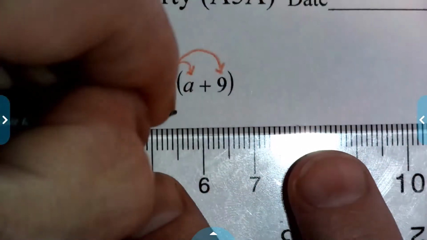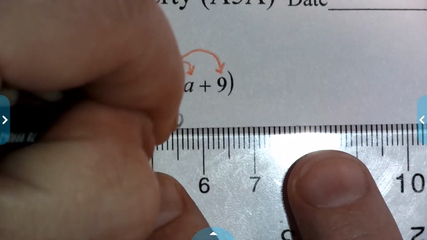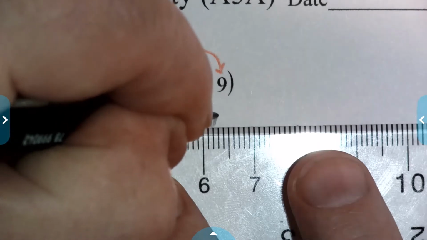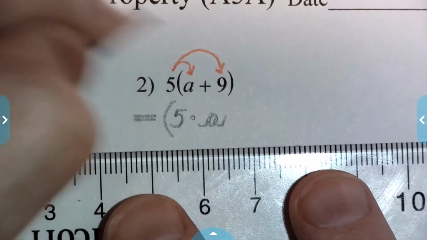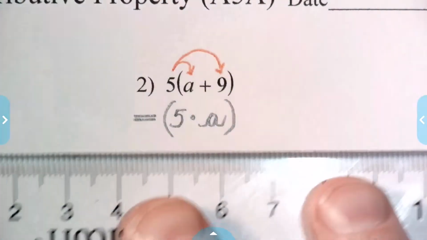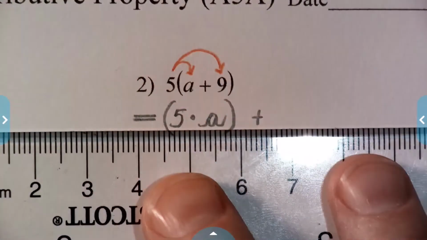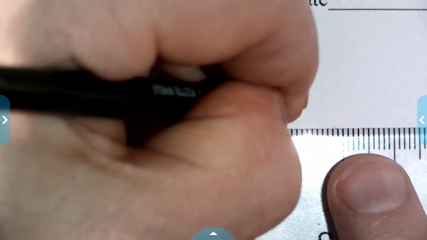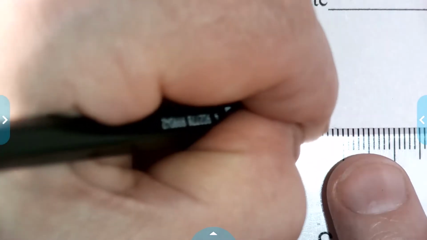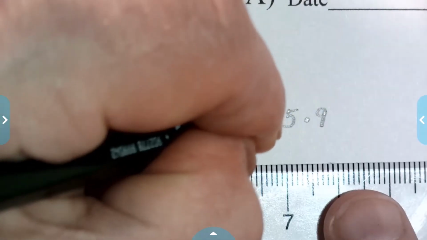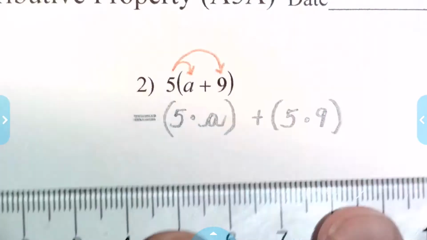We have 5 times a. All right, that gets a parentheses around it. Plus 5 times 9. And that gets a parentheses around it.